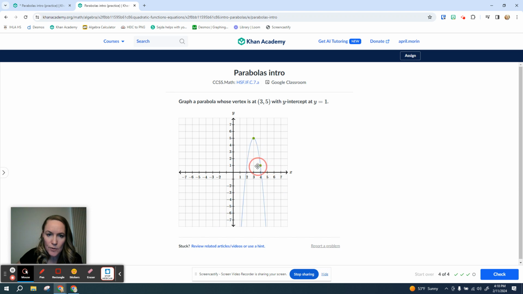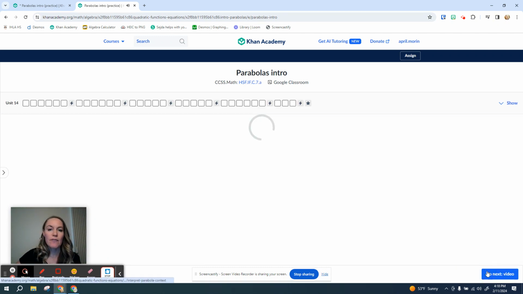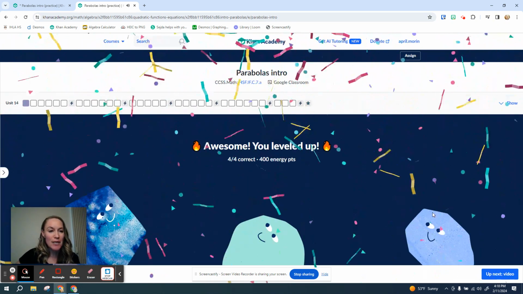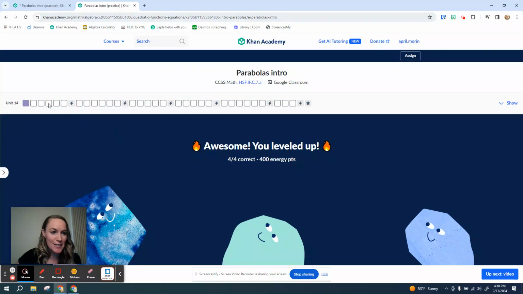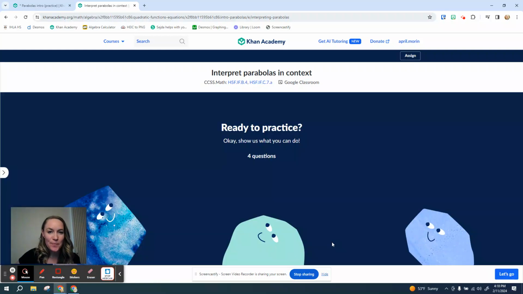Y-intercept at y equals 1. Oh, y-intercept. Okay. So yes, this is going to intersect that y-axis. So there we go. There's our parabola. Pretty easy. Okay, so now we've had some experience with parabolas visually. So that's really great. All right, next square. Let's go.